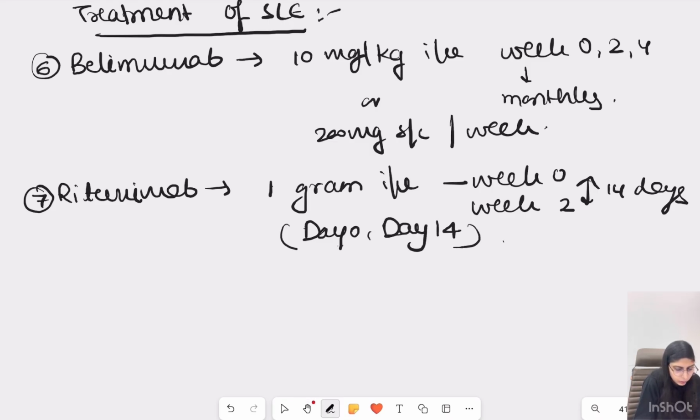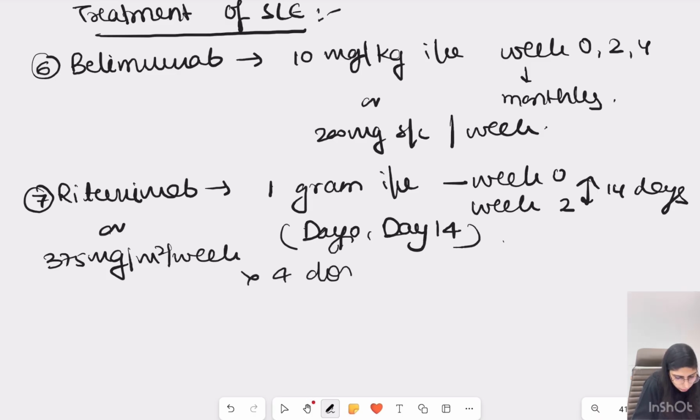Or the other dose is 375 milligram per meter square per week for 4 doses. So for 4 weeks. So either of these two. Rituximab again affects the blood levels, so hematological adverse effects. It also affects the liver. It also leads to significant immunosuppression, right?